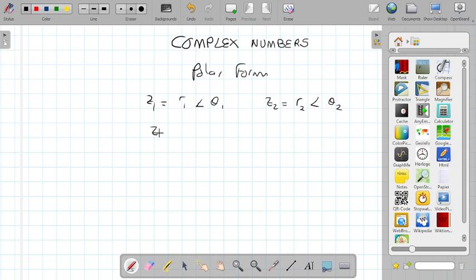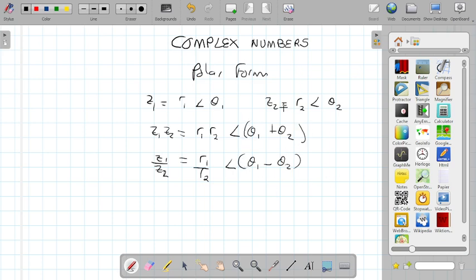It's just z1 multiplied by z2 is equal to, you multiply r1 and r2, and you just add the angles, theta 1 plus theta 2. Simple. If you want to divide z1 by z2, you just divide r1 by r2 and you subtract the angles, theta 1 minus theta 2. Easy. So this is why the polar form is important in this case.